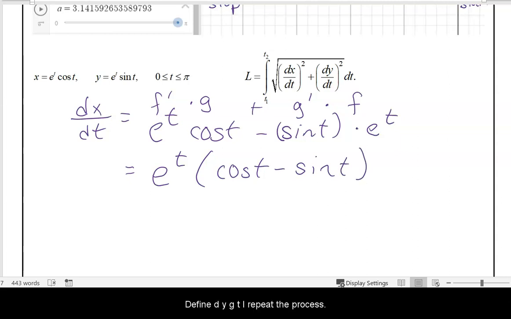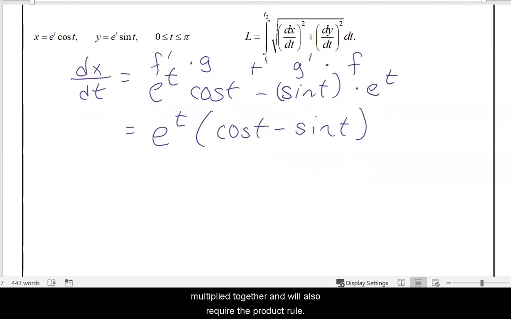To find dy dt, I repeat the process, but this time taking the derivative of the y equation, which also has two functions of t multiplied together and will also require the product rule.